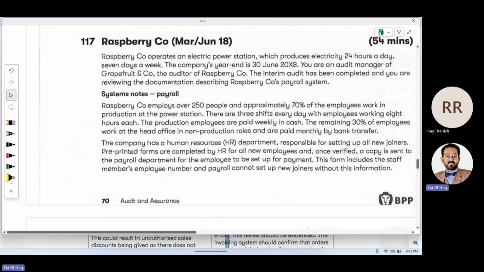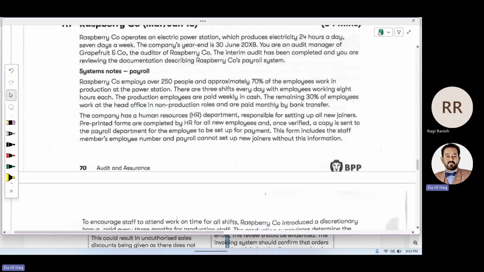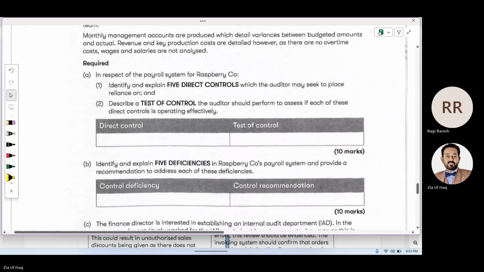Question on wages system. Question 117. Requirement A1 and A2 for 10 marks. In respect of the payroll system for Raspberry company, identify and explain 5 direct controls which the auditor may seek to place reliance on.